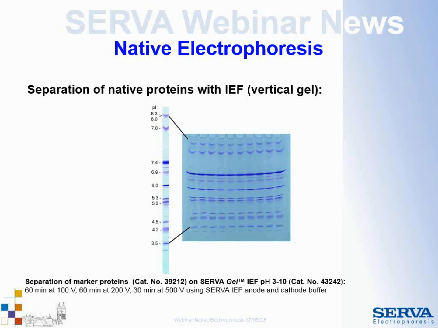But in the vertical system, due to the buffer system and all these things, it's not possible to see or to detect the proteins with a pI above 8.3, because these proteins won't migrate in the gel, as they do not have the right charge or they are uncharged.